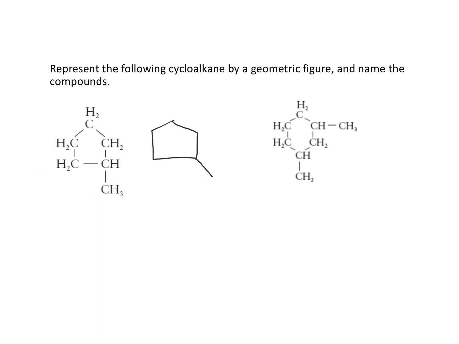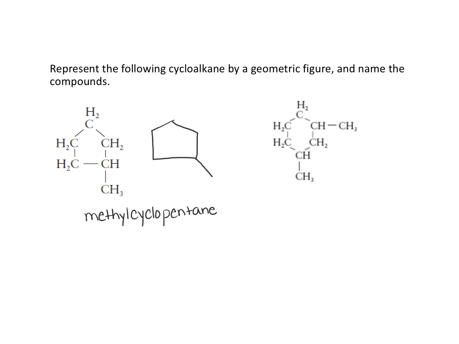Because there's only one substituent, we don't need a number. We would say this is methyl cyclo, because it makes a ring, and it's a 5-membered ring, so we would say pentane, and the ane ending there is all single bonds.